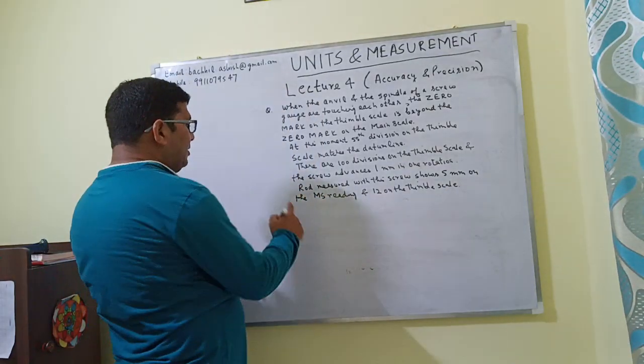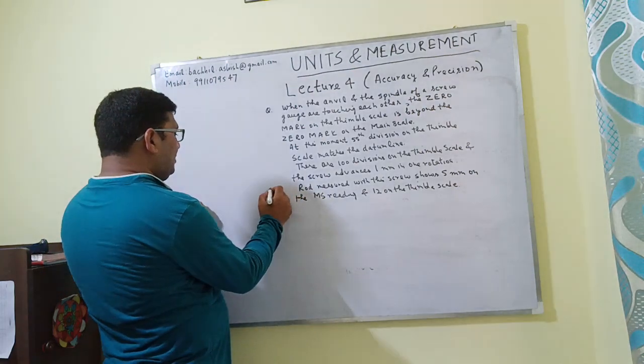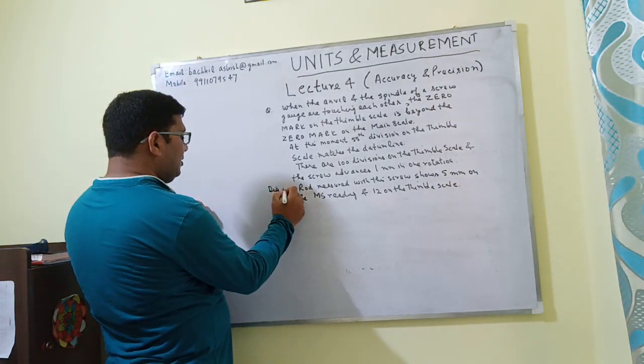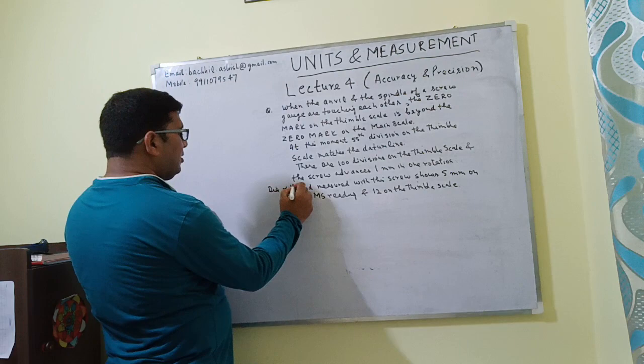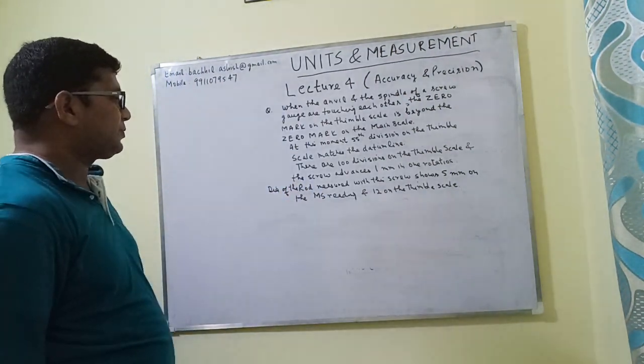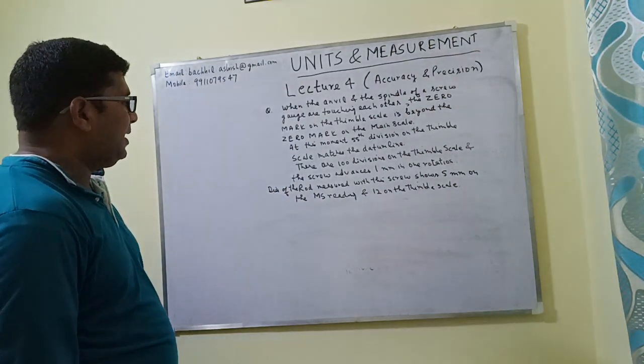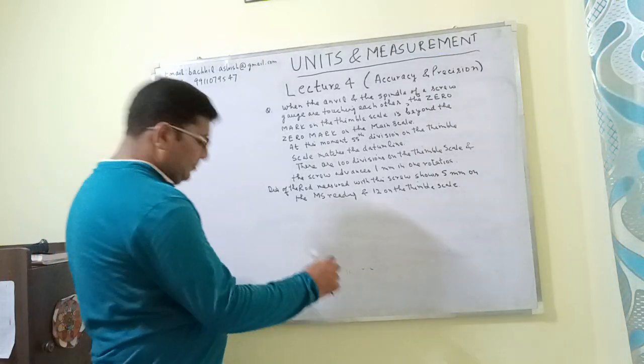What is the value of D, the diameter of the rod? The diameter of the rod measured with this screw gauge shows 5 mm on the main scale and 12 on the thimble scale.